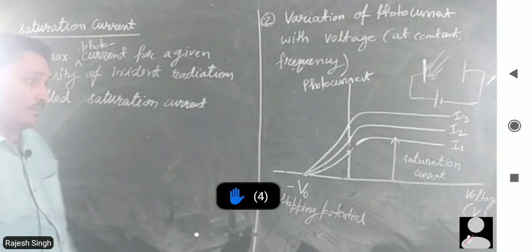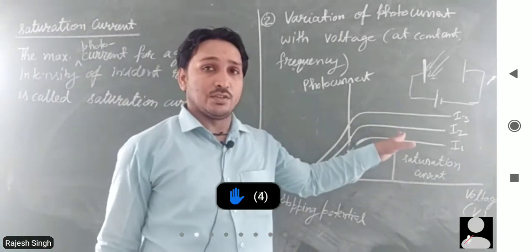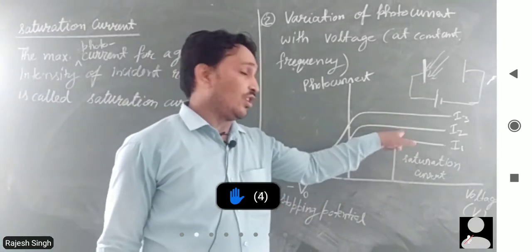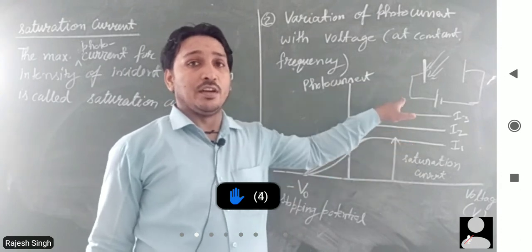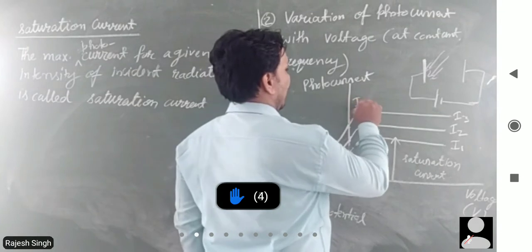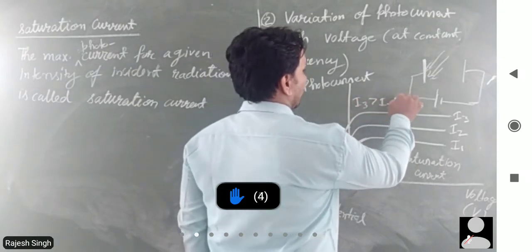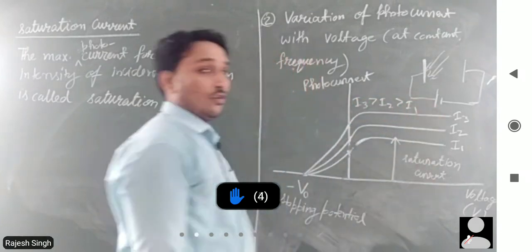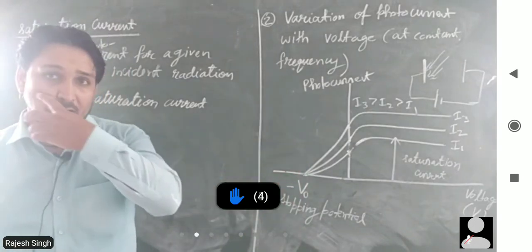In the graph, it is denoted by this arrow. For I2, the saturation current is higher. For I3, it is even higher because I3 is the highest intensity. I3 is greater than I2 is greater than I1. And this I represents intensity, not current.